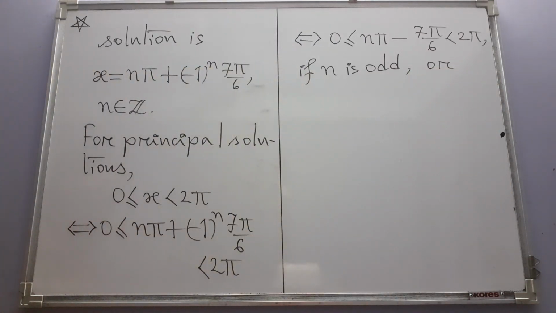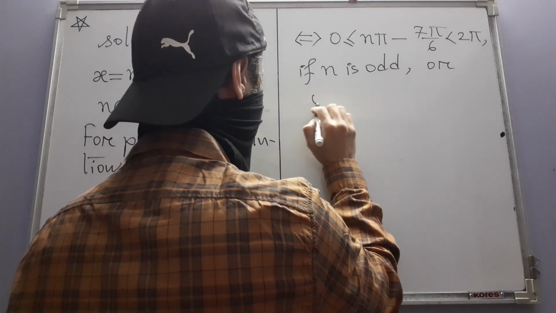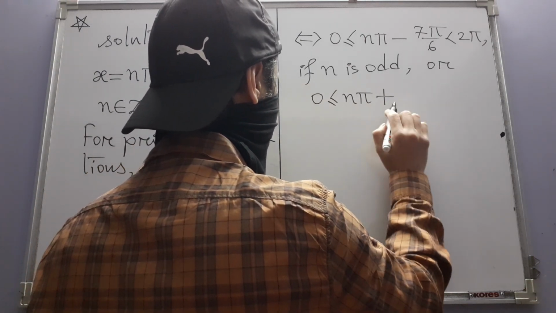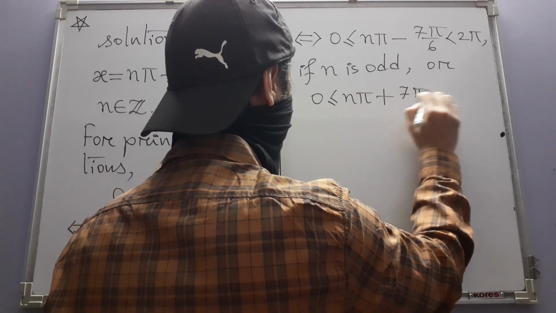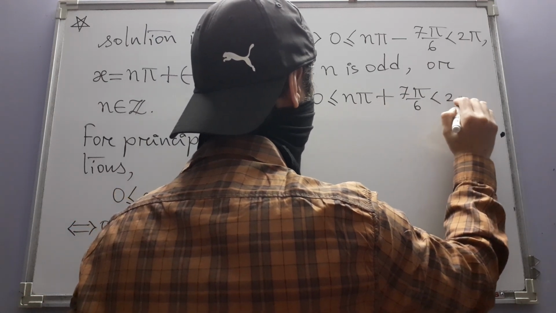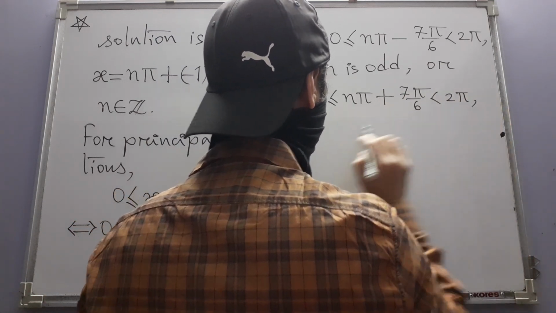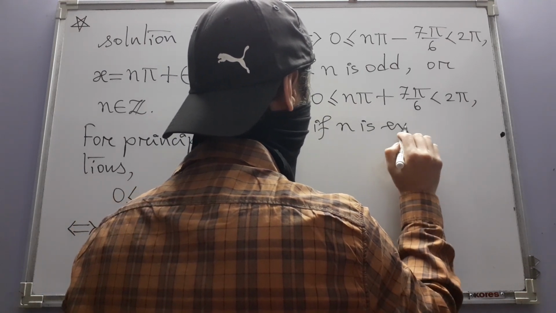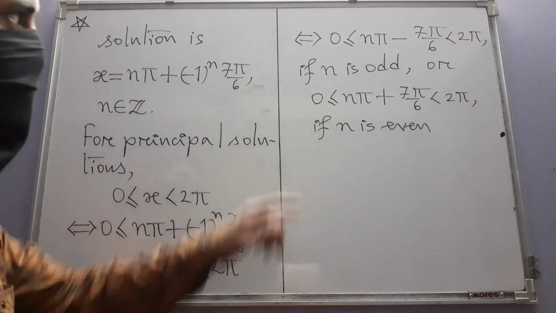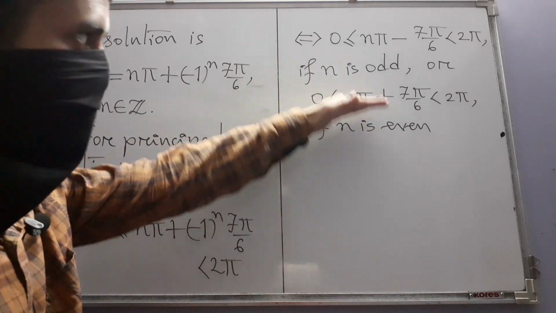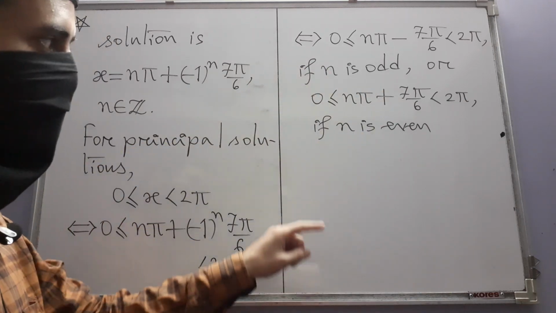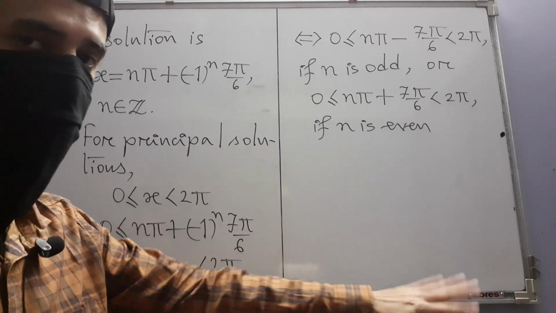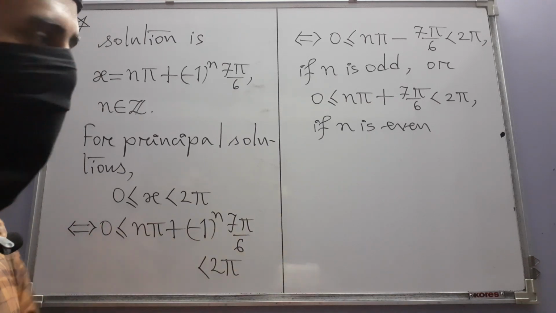And then what happens when n is even? In that case, we get plus, if n is even. Keep in mind that these conditions will continue to be with these inequalities and will affect your n when you finally are in a position of finding or saying what your n is.